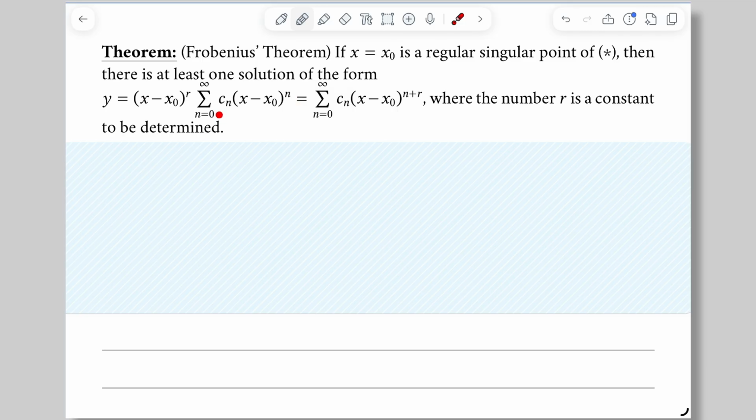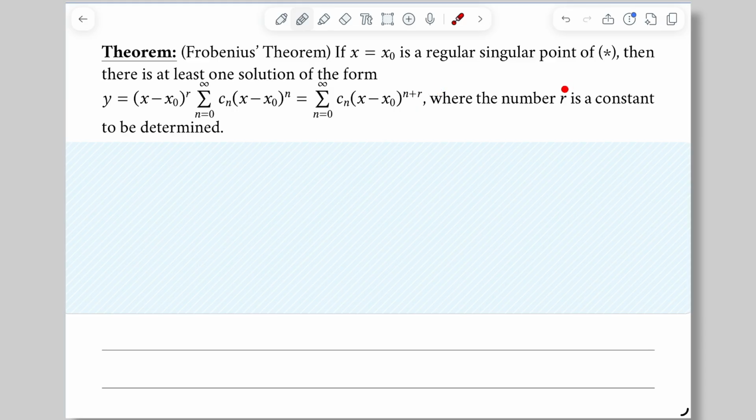The sum is, n goes from 0 to infinity of c n x minus x naught to the n. Multiplying that x minus x naught to the r by x minus x naught to the n results in x minus x naught to the n plus r.